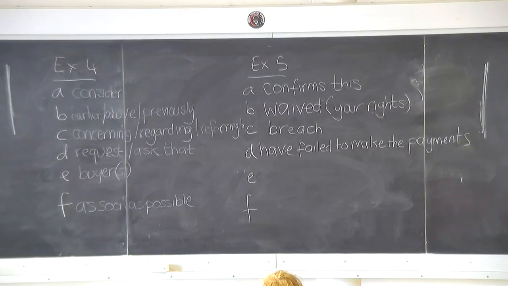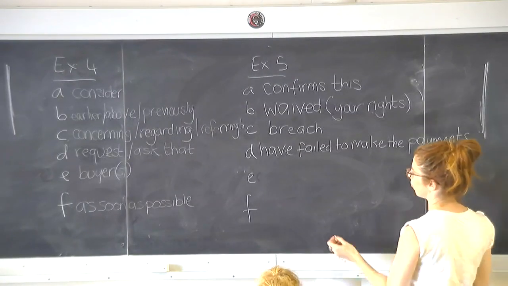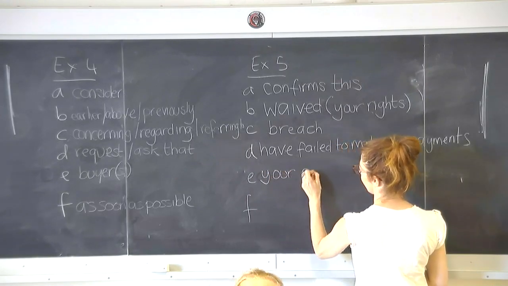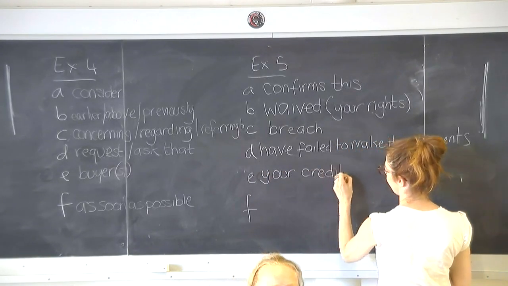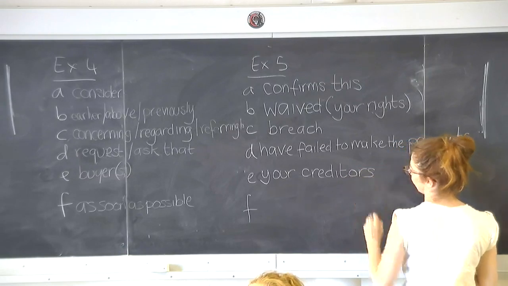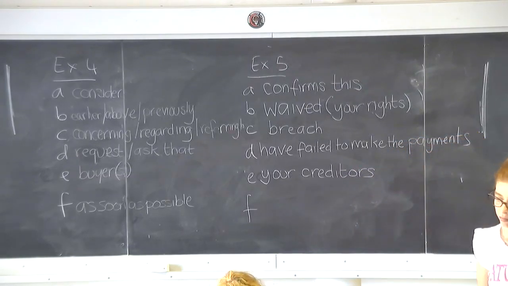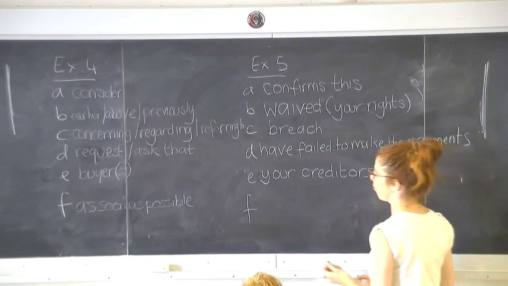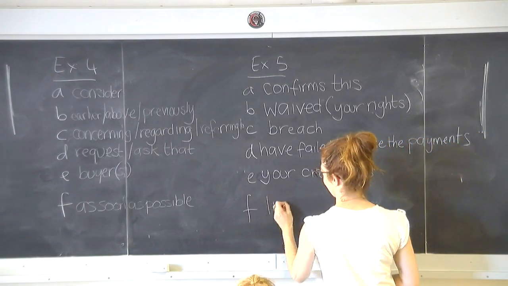E, the total sum due to people that you owe money to. One word: the people you owe money to? Creditors. Your creditors. They are the people you owe money to. And finally, "fully to blame", the legal word: fully liable.